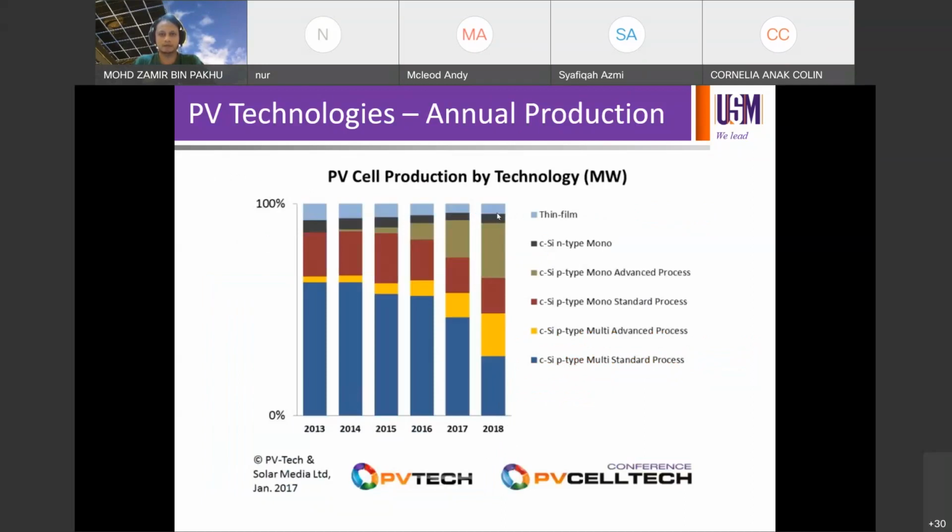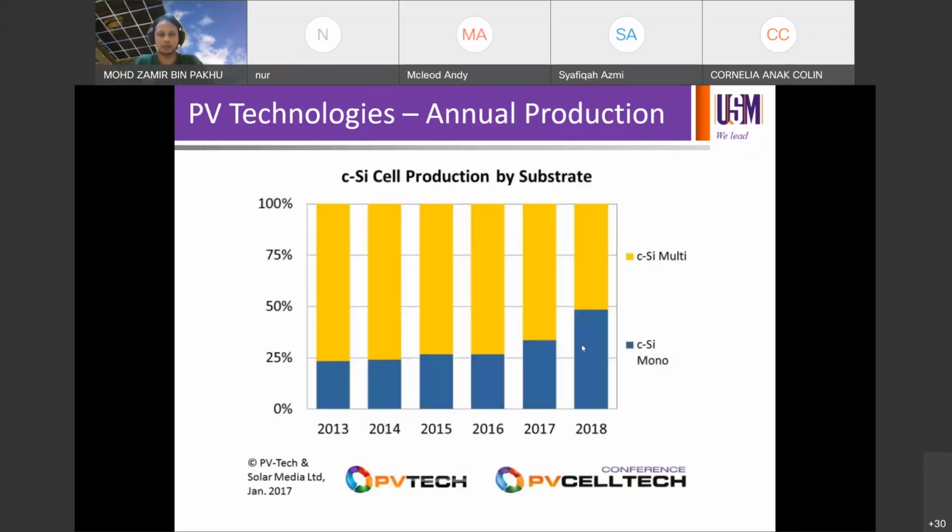Only the top here, I think less than 10% or so, is thin film. The rest of the 90% plus is N-type mono silicon, P-type advanced mono, P-type standard mono, multi advanced and standard. So it's more than 90% in the market.